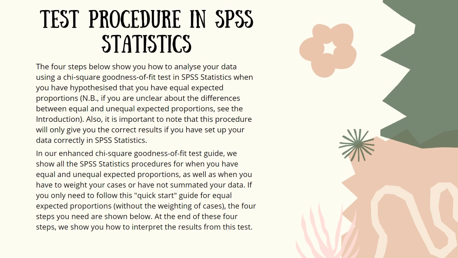If you only need to follow this quick start guide for equal expected proportions without the weighting of cases, the 4 steps you need are shown below. At the end of these 4 steps, we show you how to interpret the result from this test.